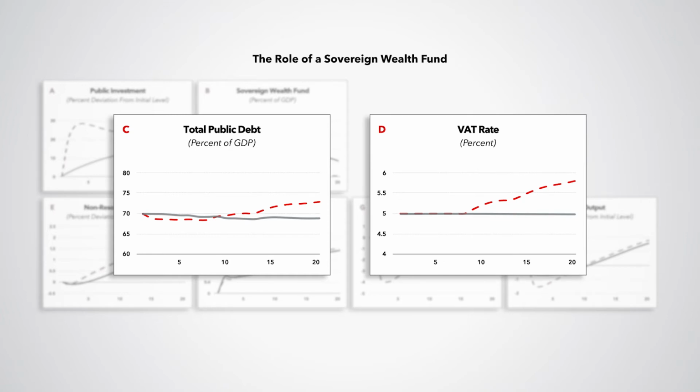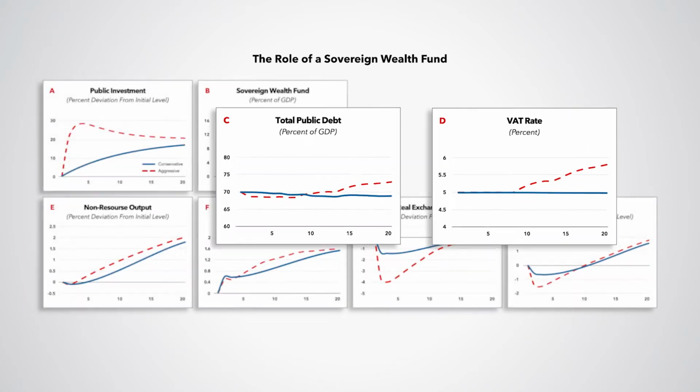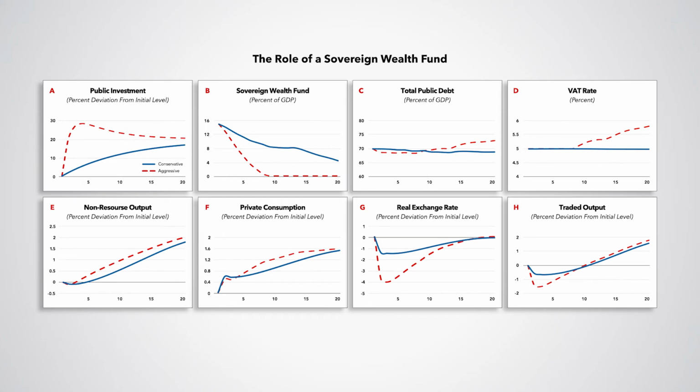And given what we learned in the previous section, strict constraints on VAT adjustment make the aggressive approach more susceptible to induce explosive debt dynamics. These tax and debt effects contrast with those of the conservative approach mentioned before.